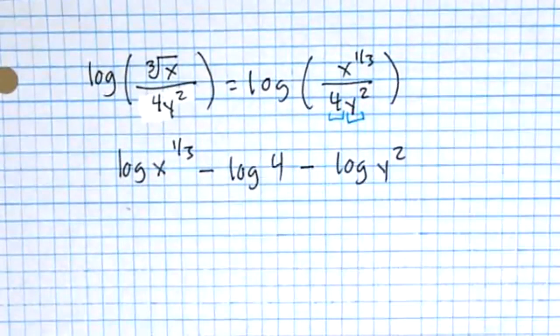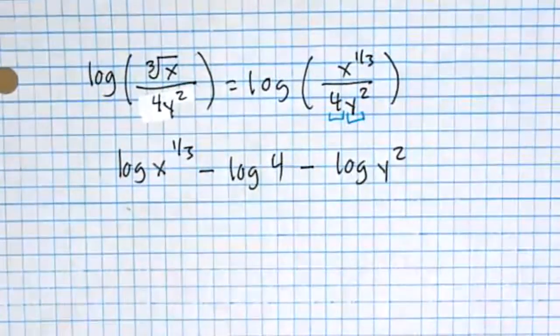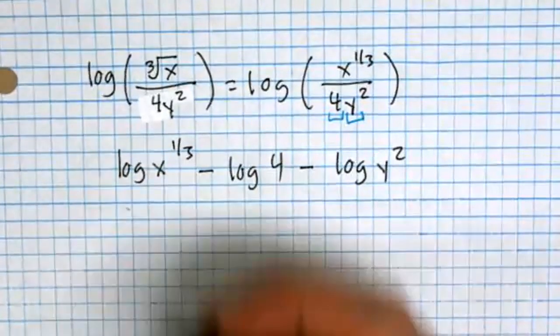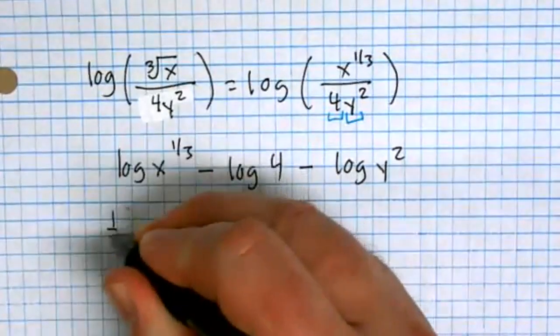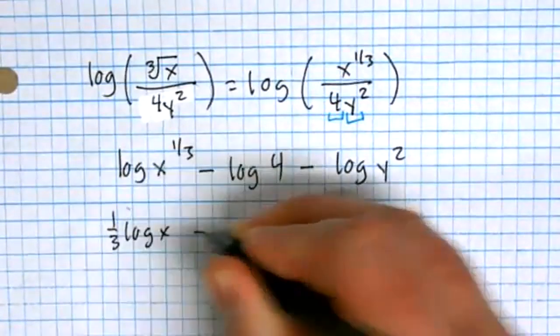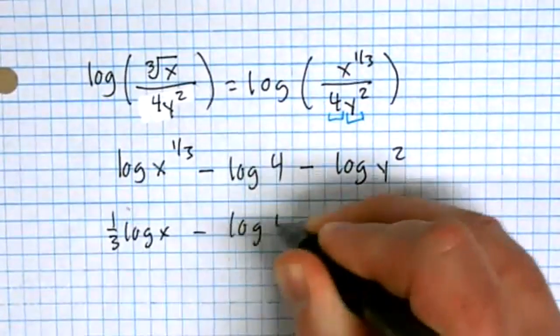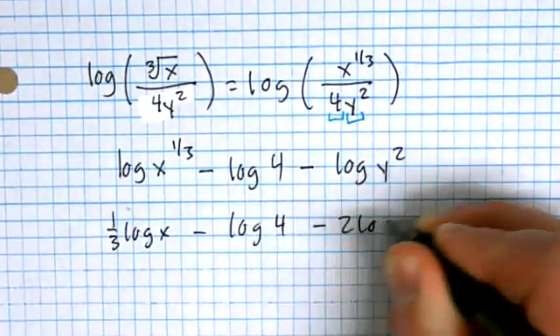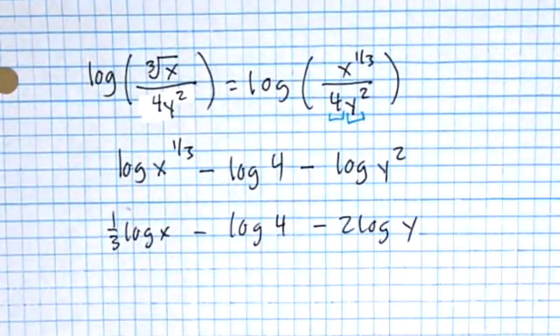So far, so good. And the final step, are you comfortable taking these exponents, pulling them out into the front to get 1/3 log x minus log of 4 minus 2 log y? If we're feeling all right about that, then we're in good shape.